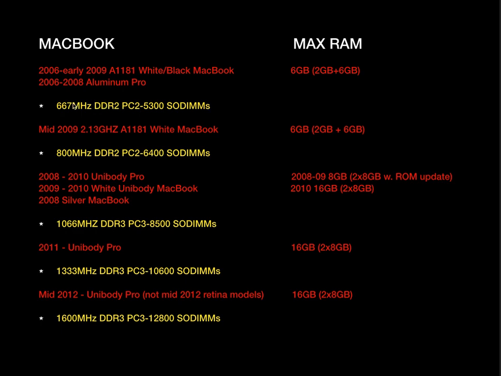Keep in mind MacBooks have 2 memory slots, and the RAM is usually divided between the 2 slots. So 16 gig would typically be 2 times 8 gig, 4 gig would typically be 2 times 2 gig. Make sure when you buy memory that you're buying 2 modules and not just one.